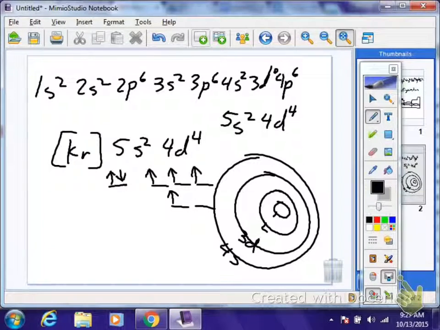The D's always fill an inner shell before an outer shell would completely start to fill. So we always go to the previous shell when we do the D's. We can't say 5d because the fourth shell's D's have not even been placed.